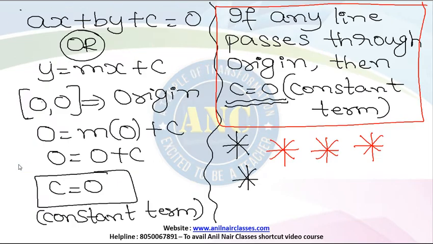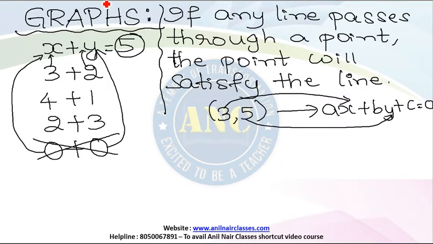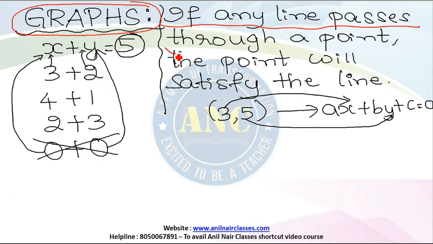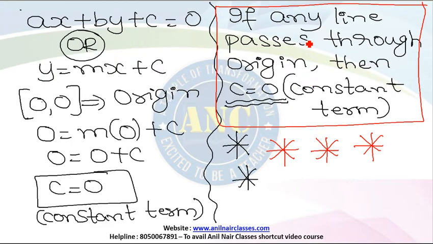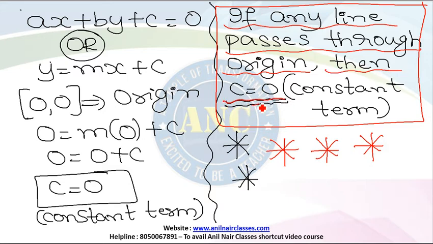We are mainly concentrating on this beautiful topic called graphs. But before we move on to graphs, there is one small understanding. If any line passes through a point, then the point will definitely satisfy the equation of the line. And the other thing we learnt is, if any line passes through the origin, then the constant term C value will be equal to 0.